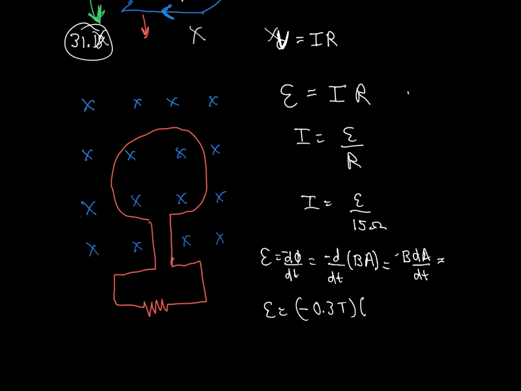What's the final size? 100 square centimeters minus 200 square centimeters. And then I need to divide by what? The time. And they tell us that the loop changes in 0.02 seconds.